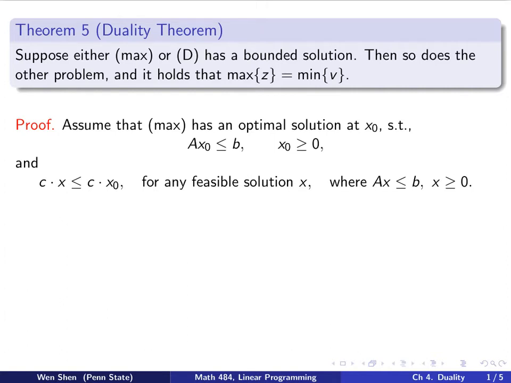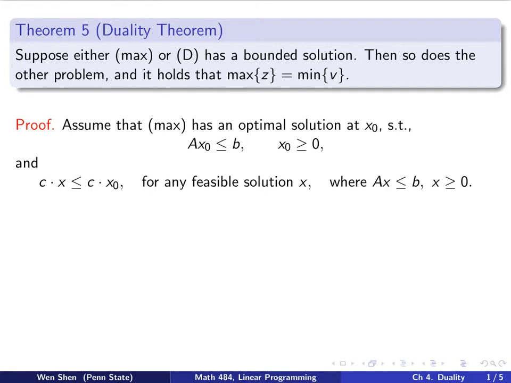So now let's assume that max has an optimal solution, which is attained at x naught, such that A x naught is less than or equal to b, x naught is bigger than or equal to 0. That is just saying that x naught is a feasible solution. And this is an optimal one, which means this is a maximum.